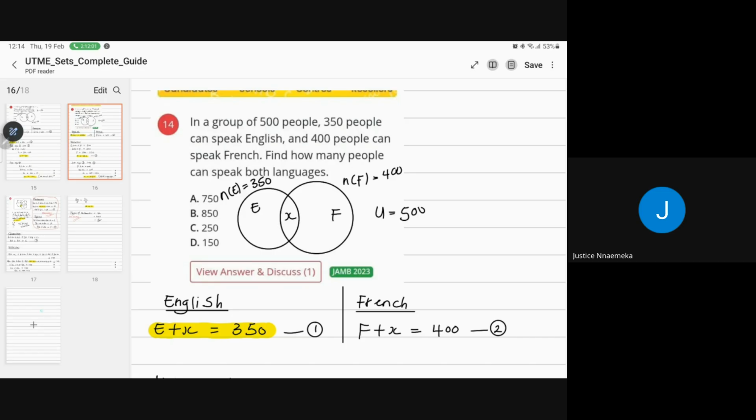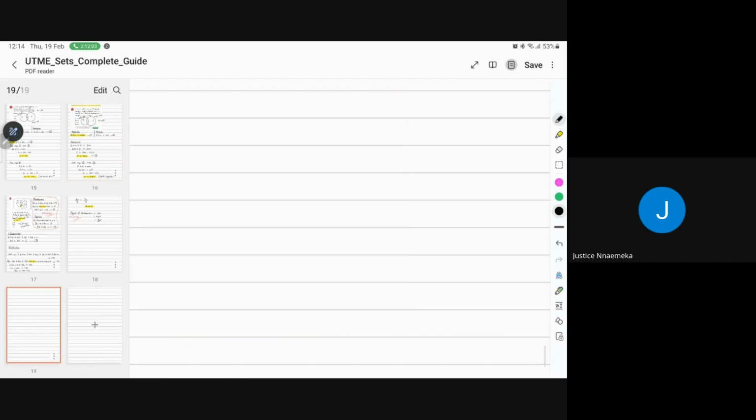because your exam is sectioned into 5. You have numbers and numeration. You have trigonometry.